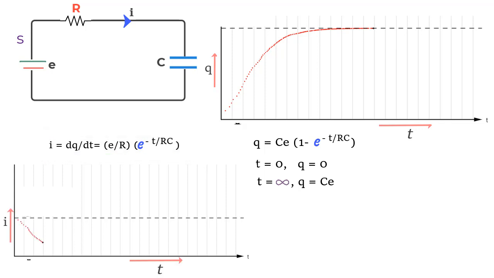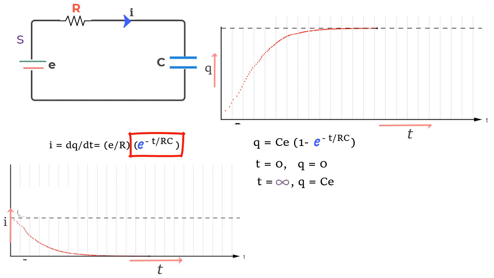And you can see that at time t equal to 0, this part of the equation becomes unity, and initial value of the current is EMF by R, which we know is true. And if you take time equal to infinity or a very long time, the current falls to zero as the capacitor builds up charge and keeps avoiding the flow of more charge till it becomes fully charged.